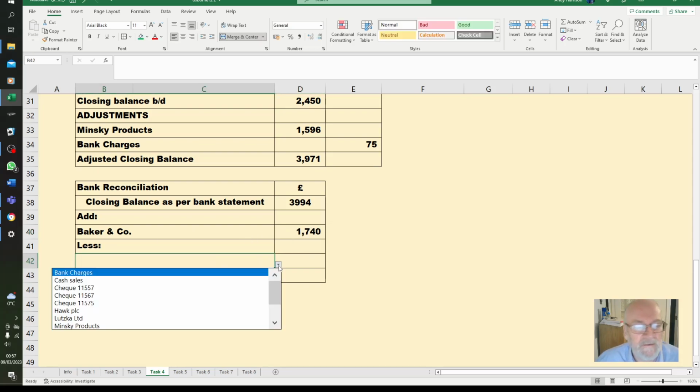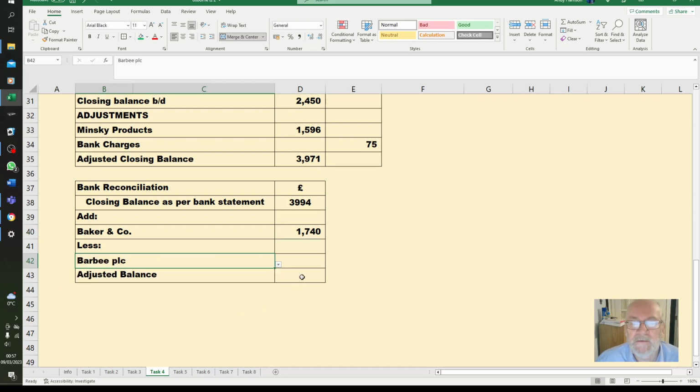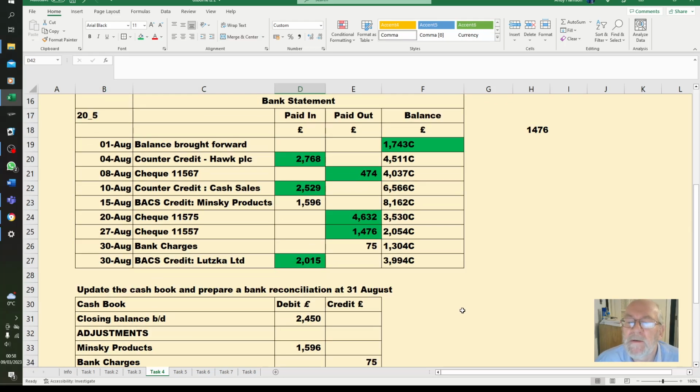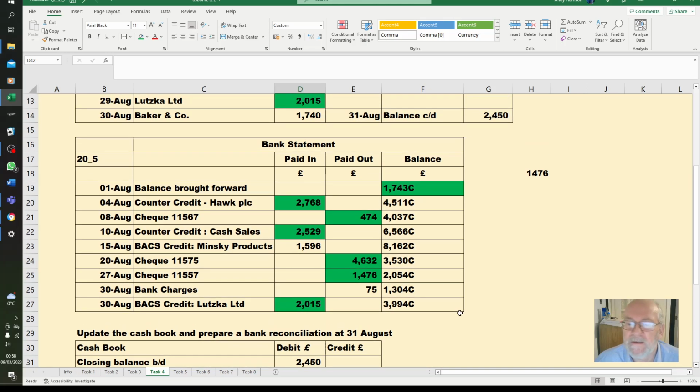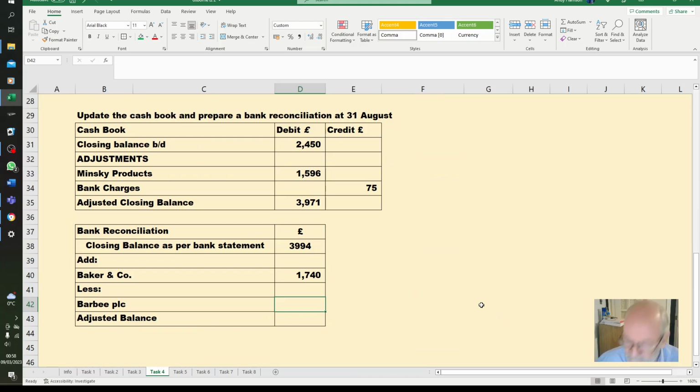Less Barbie, and Barbie was 1763. It's not asking you to put minuses in though here.